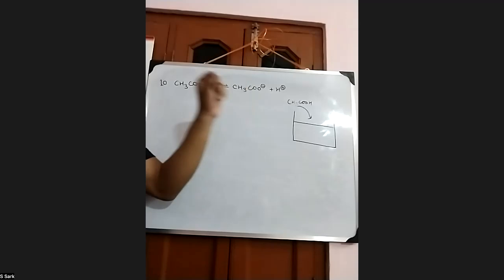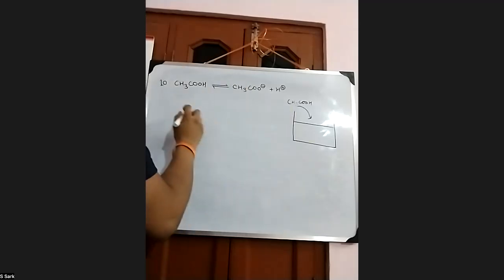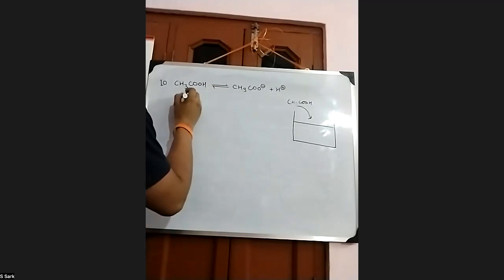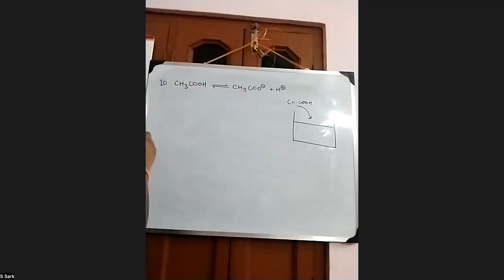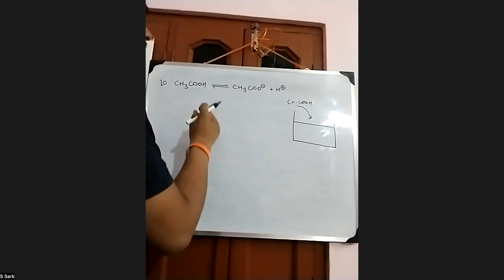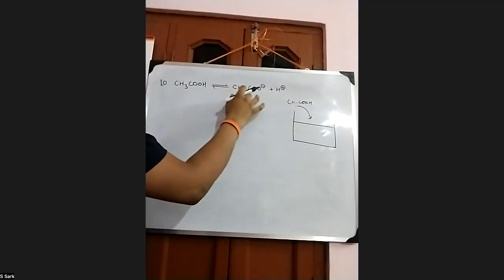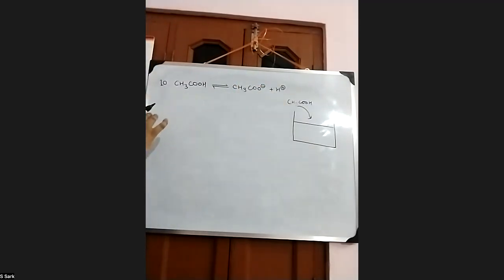After the dissociation starts, when the change in concentration of CH3COO minus and H plus and the concentration of CH3COOH stops, then we will call it the equilibrium position.